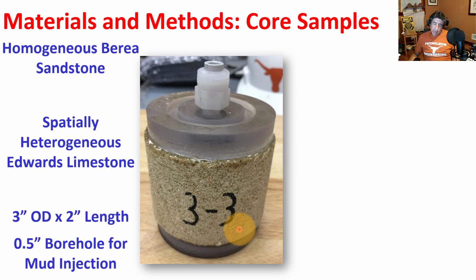I have to clarify that he dried out these samples so they are full of air, and then he injected either OBM, oil-based mud, or water-based mud. But what I'm going to show you today is water-based mud.